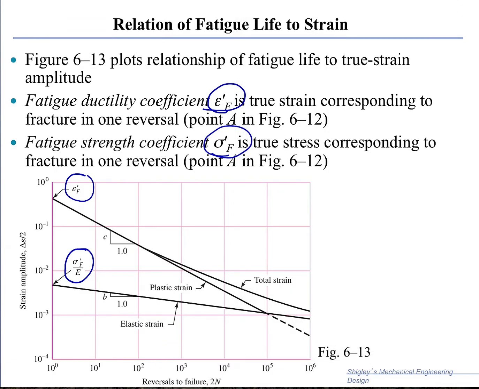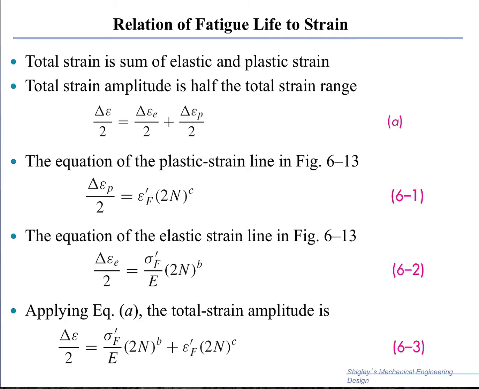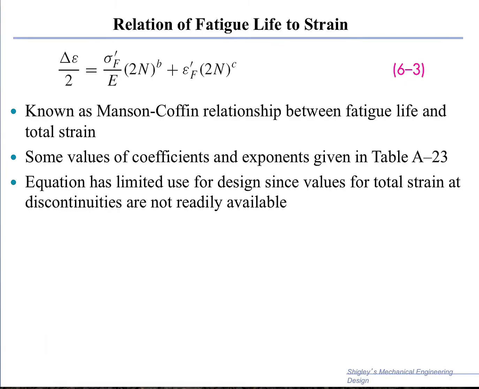So if you look at that, you'll see that the final result is that when we apply the total strain amplitude, we get a representation that is decomposed, as you can see here in equation 6.3. And moreover, when we have this data, we can determine if we have reached the limit.